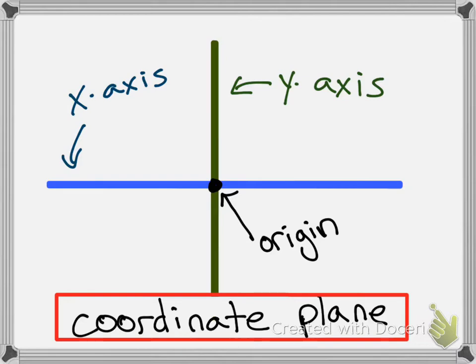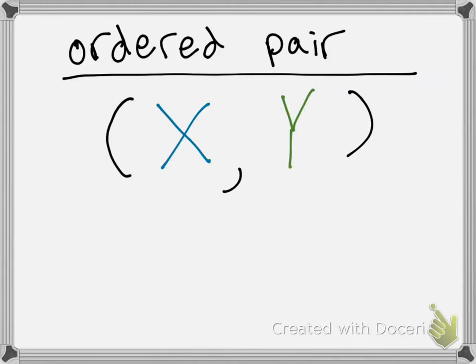And this makes up the coordinate plane. You'll be used to seeing this on graph paper or with lines here that are counting 1, 2, 3, 4, or however. But in the most basic form, this is the coordinate plane. Additionally, this is what's known as an ordered pair. An ordered pair is written with the coordinates x, comma, y.